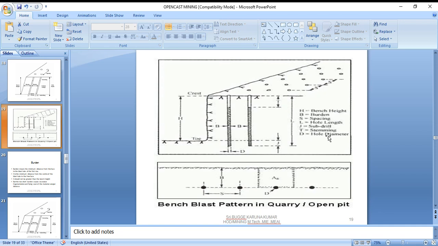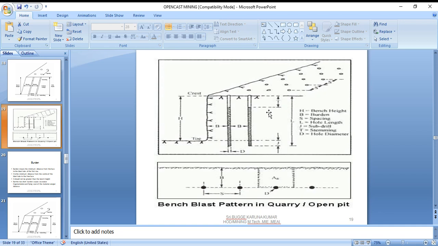Because D is also one of the important factors. If the diameter of the hole is more, more explosive can be fit. So instead of depth, increasing the hole diameter also allows higher explosive utilization, and fragmentation size can be influenced by these factors. So hole diameter is also one of the important factors.